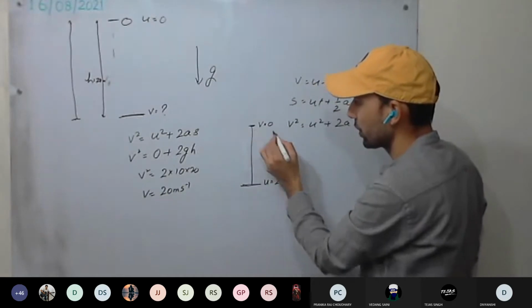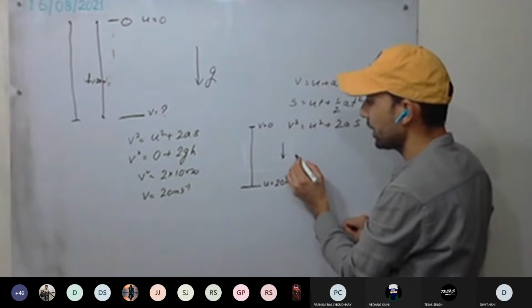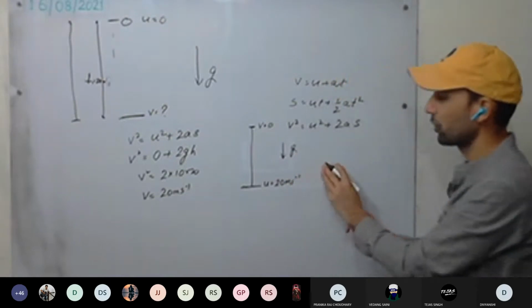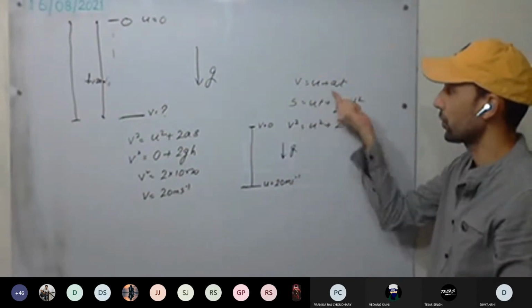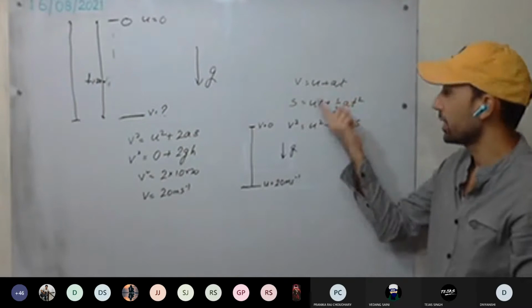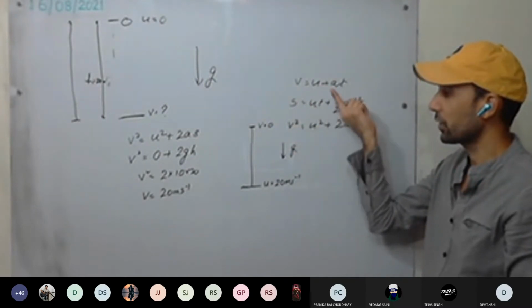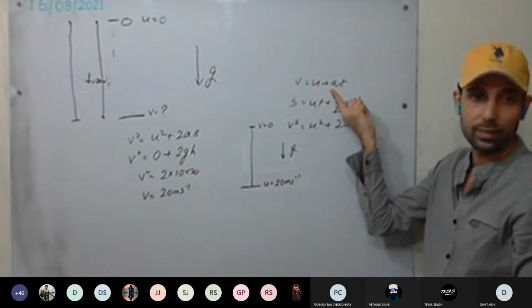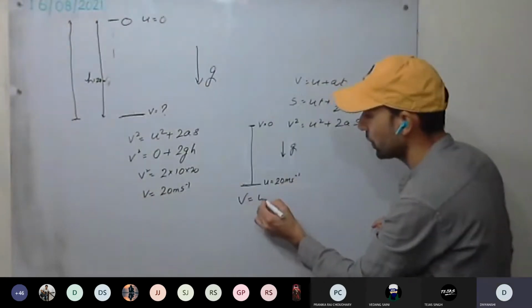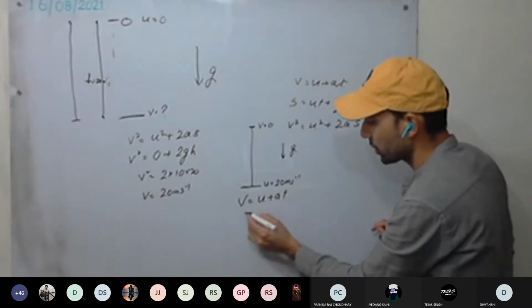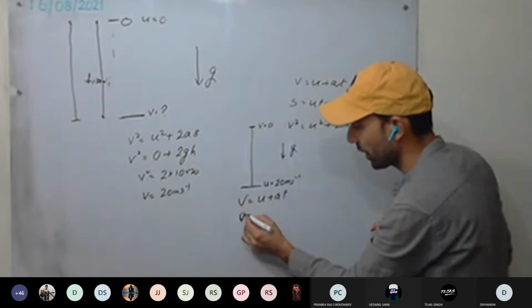And here velocity was 0. Acceleration due to gravity is in the opposite direction. So which formula can you use? We can use the first, and the second as well because h is given. Using the first, v equals u plus at. V is 0, the final velocity.